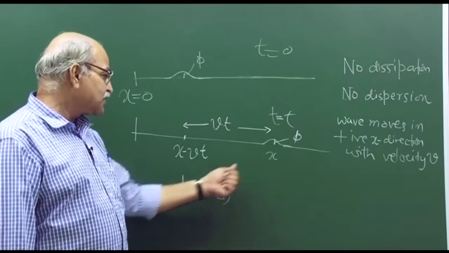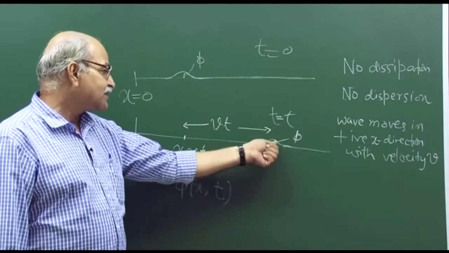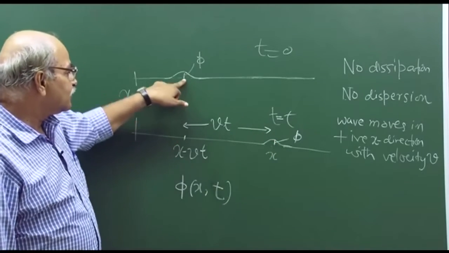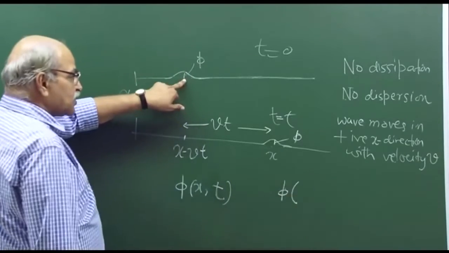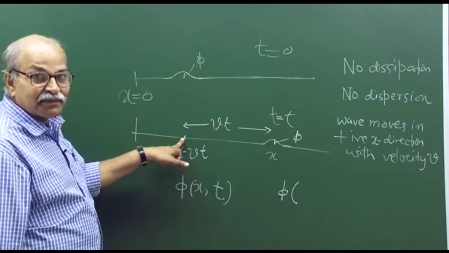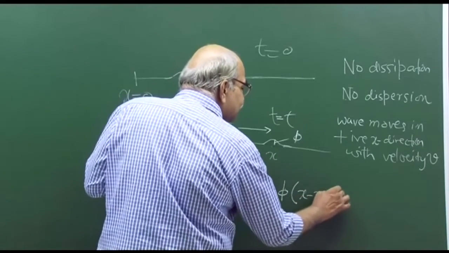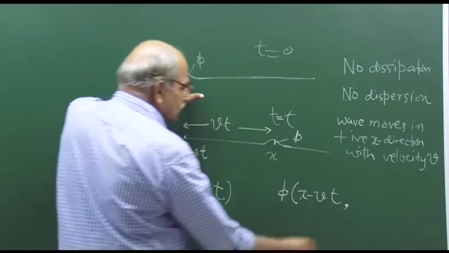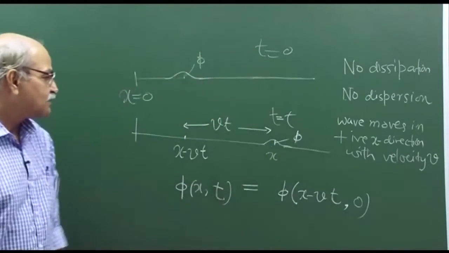So, at this position x, at this time t, what is phi? That is this phi. And for this, what do I write? This is phi, which position? This position is x minus vt. So, left of the comma x minus vt and right of the comma time is 0. And these two are the same under those assumptions.